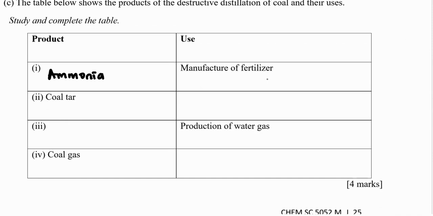Okay, now coal tar, the use of coal tar is in road surfacing. The production of water gas, that would be coke. And coal gas is used as fuel.